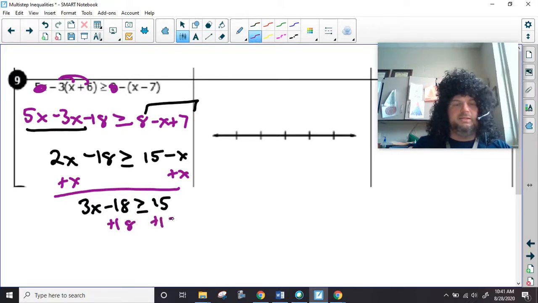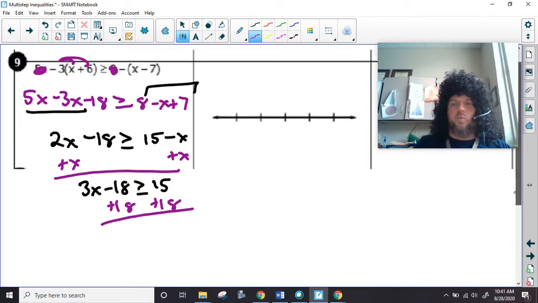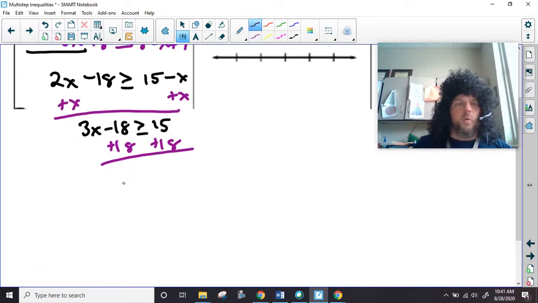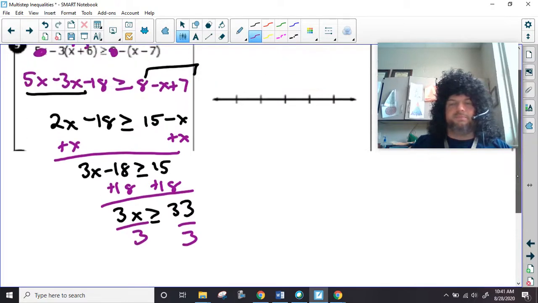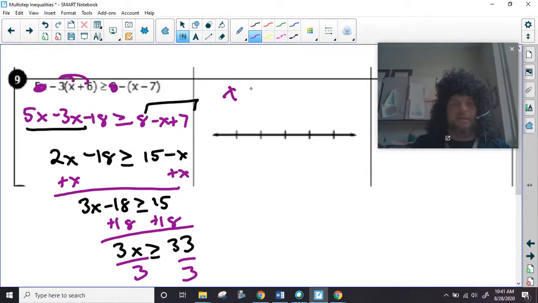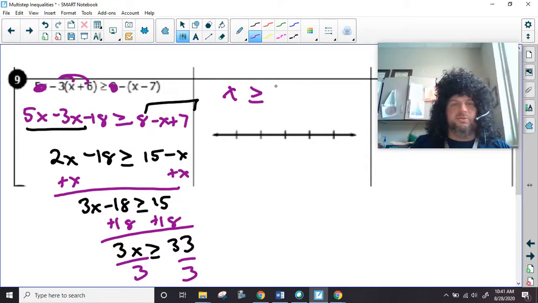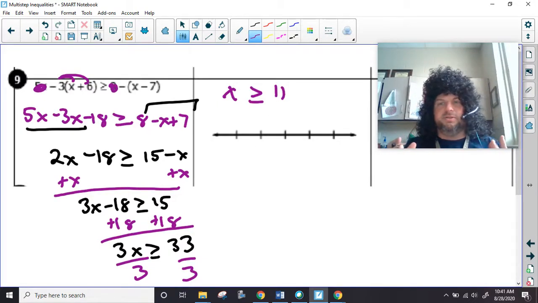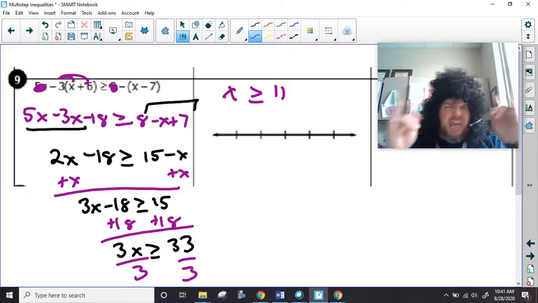Add 18. Wow, wow, wow. 3x is greater than or equal to 33. Divide by 3, divide by 3. Now x is going to be greater than or equal to 11. You know, because when you listen to music, you don't crank it up to 10, you crank it up to 11.